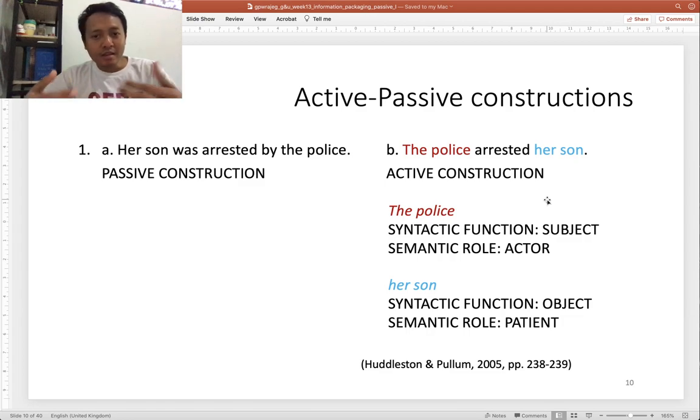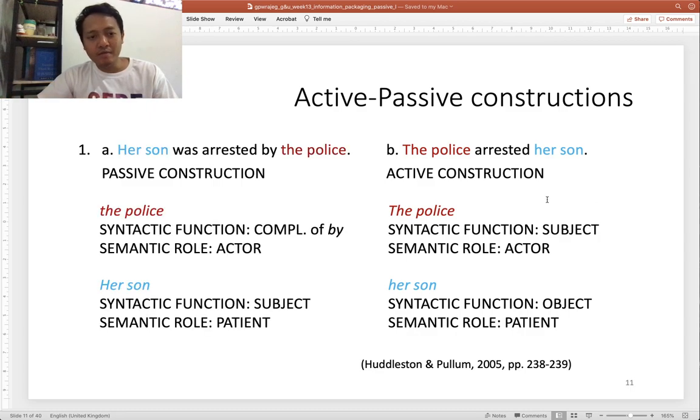This linkage in the active construction changes in the passive. In the passive, instead, her son was arrested by the police. Her son is the syntactic subject of the passive construction, and the semantic role is still the same, patient.